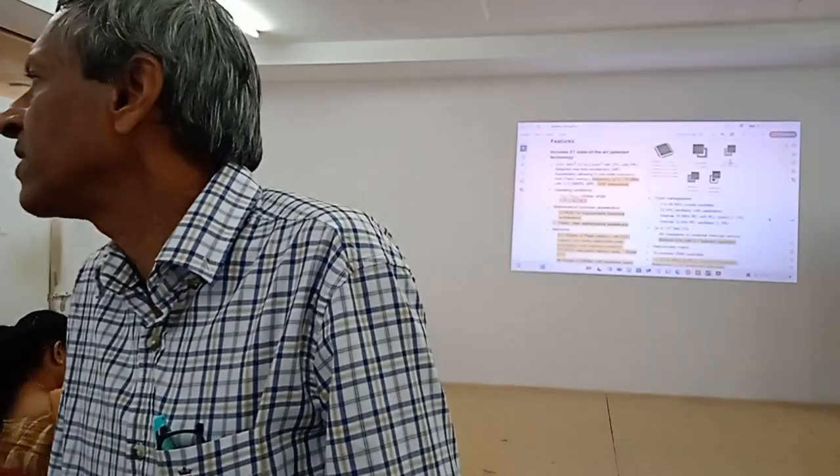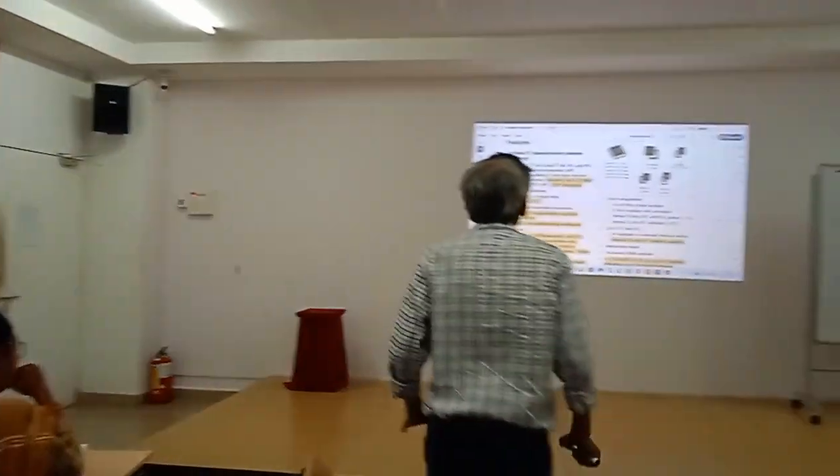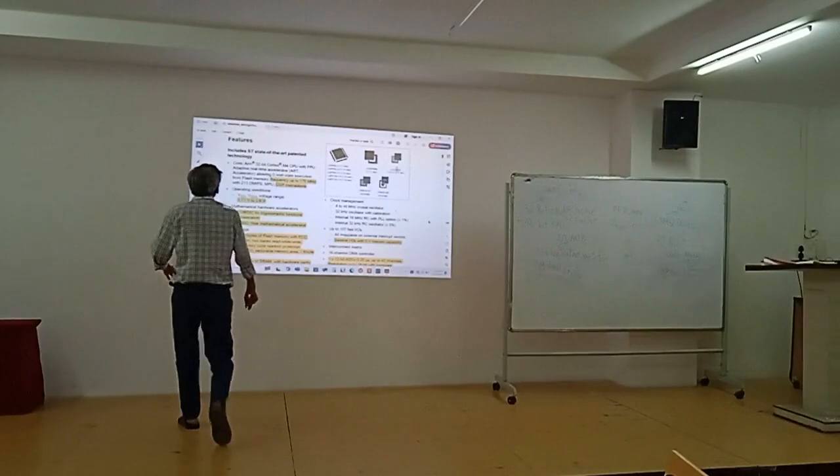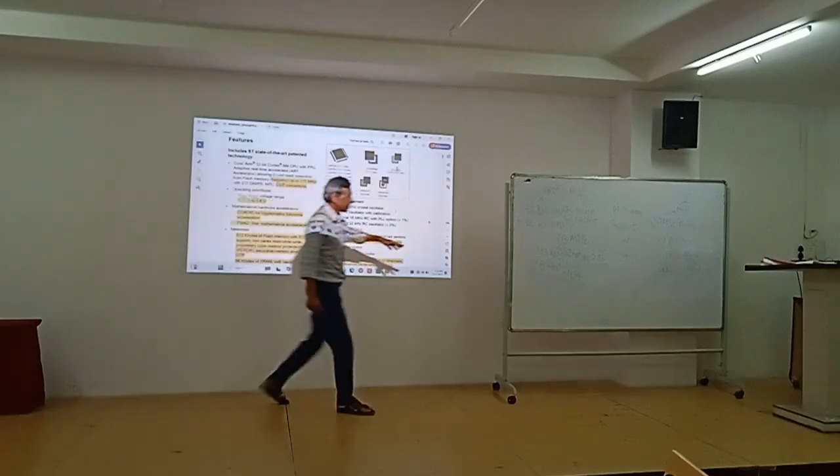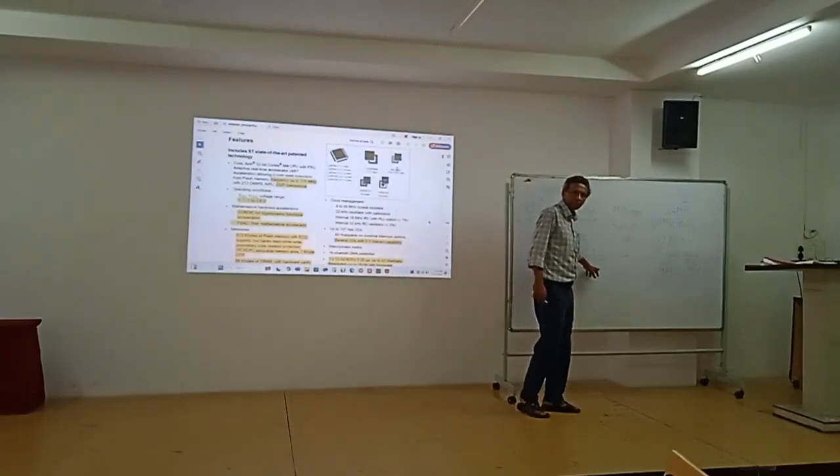Nowadays STM32 works at 1.7 or 3.3 volt. Core i9, Core i7, Ryzen from AMD all work at 0.8 volt because they are working in gigahertz. So at that high frequency, higher voltage swings are not possible. That's why even this controller has a very flexible range, as low as 1.7 volt and up to 3.6. Usually we operate at 3.3. Is it clear?